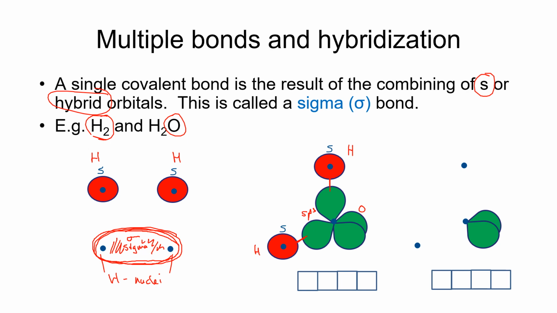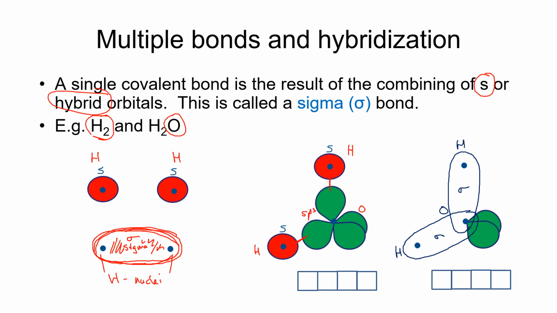I'll go with blue. So we'll make a nice sigma orbital here, that'd be our single bond to that hydrogen, and this would be another sigma orbital here, to the other hydrogen. So then you've got yourself 2 H's and an O in the middle, and both of these have sigma bonds holding the nuclei together.